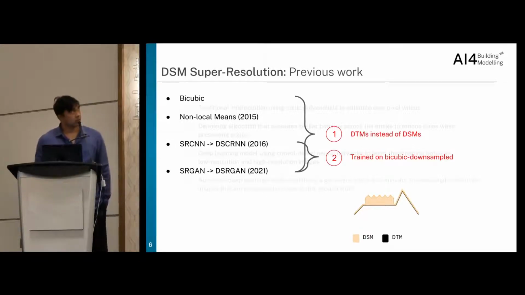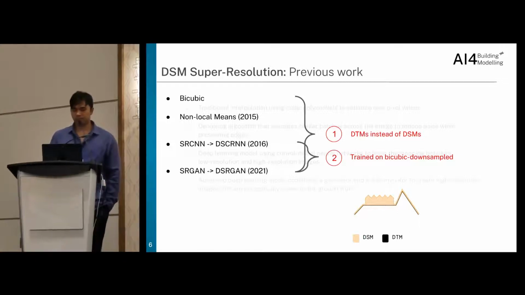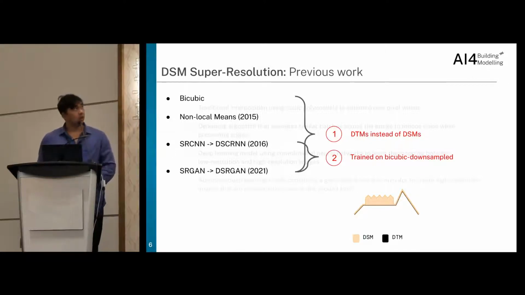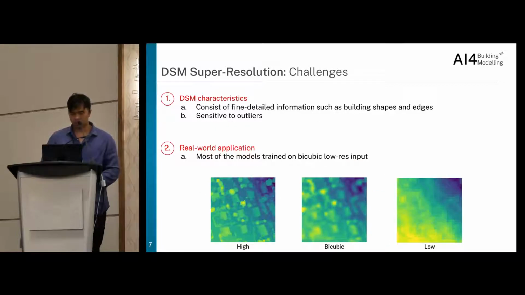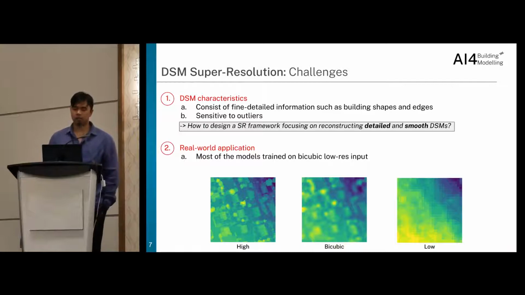But yeah, there are some limitations of the previous approaches. First, it is mostly done for DTMs instead of DSMs. And second, they are normally trained on bicubic downsampled samples. So coming to the challenges, based on these two characteristics, we ask if we can design a super resolution framework which reconstructs detailed and smooth DSMs.